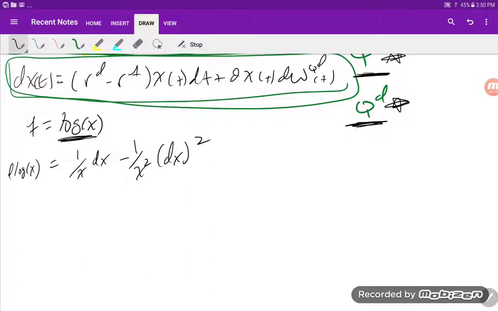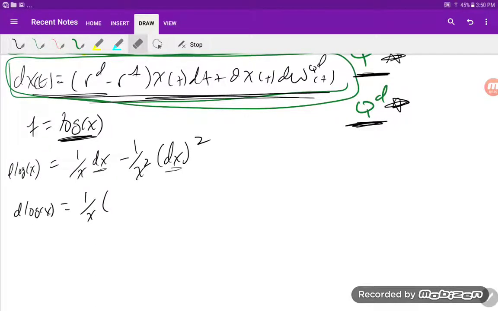So we have this and this, so we'll have that d log of x is equal to 1 over x. And again, we're doing this for the QD dynamics. So we have RD minus RF x dt plus sigma x dWQD.